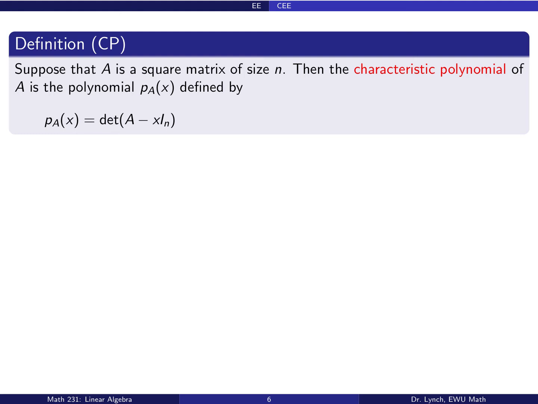This is reasonably easy to compute, right? You just write down A minus some scalar times the identity matrix, and then compute its determinant. We know how to do that.